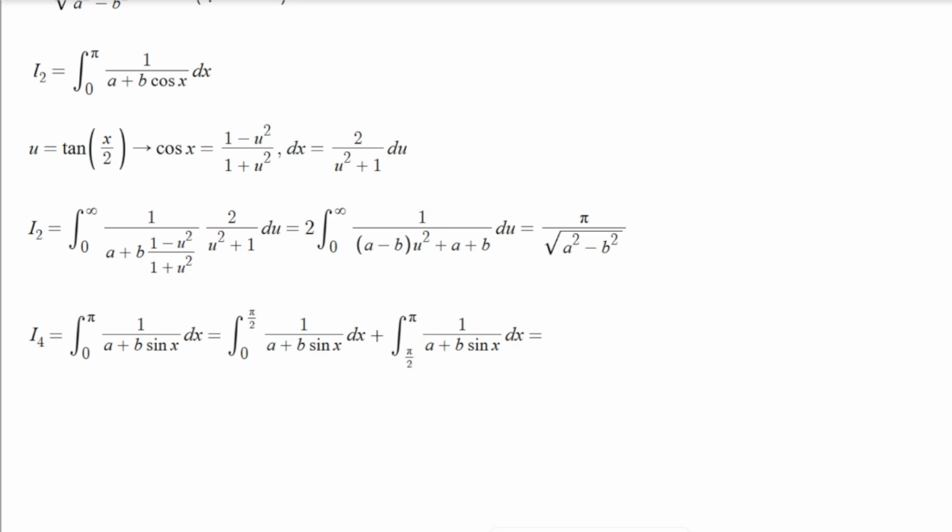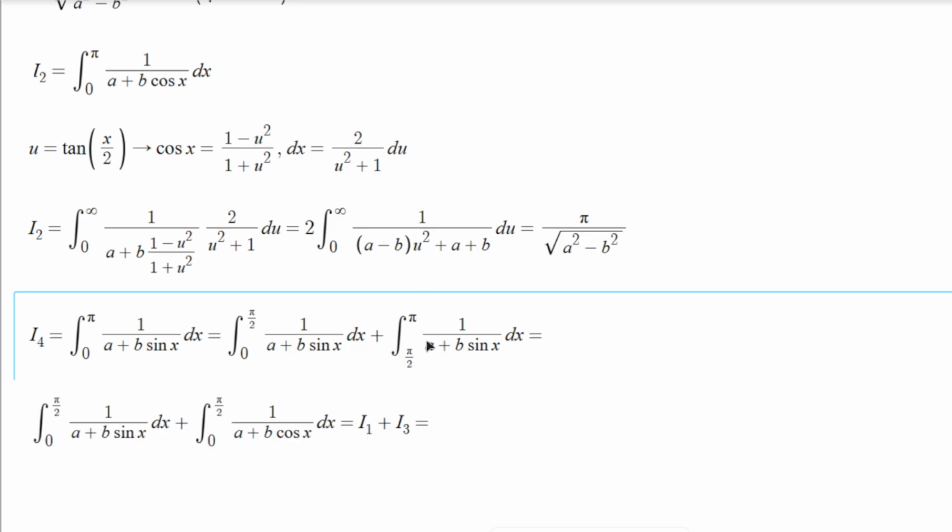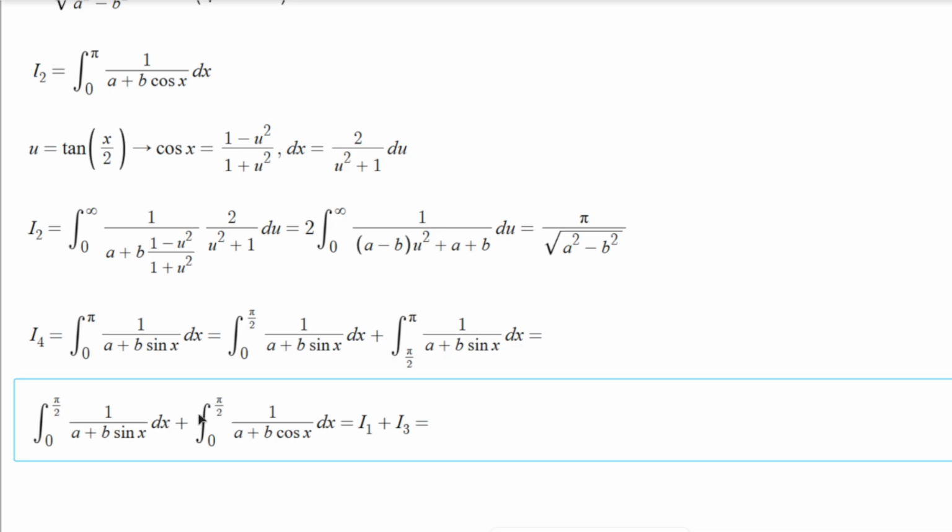And then I'm going to take this one, subtract pi over 2 from the bounds, and add pi over 2 inside, and that's going to give us the integral from 0 to pi over 2 of 1 over a plus b cosine x.